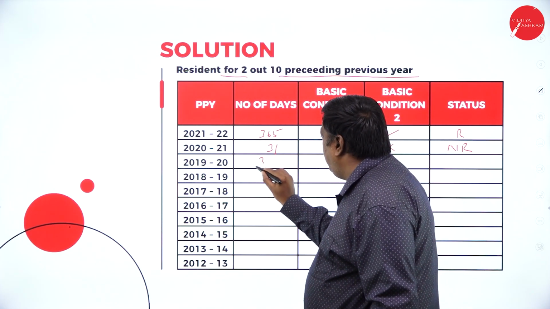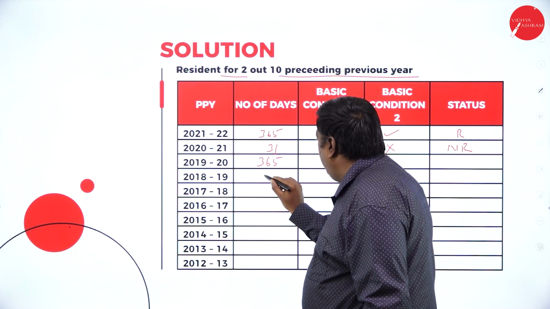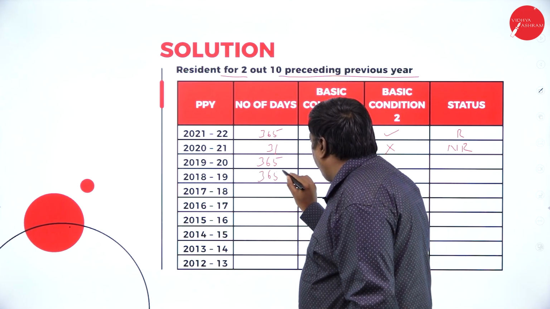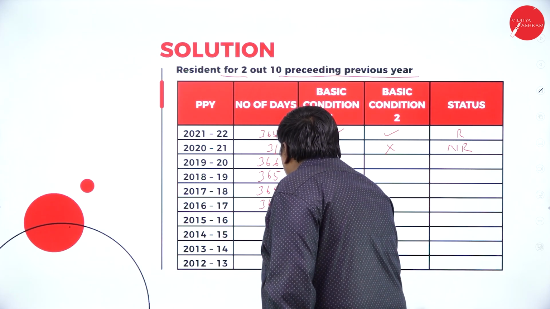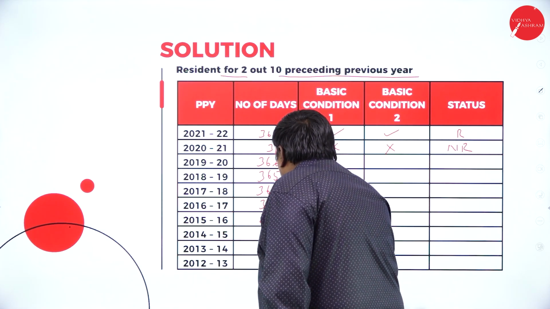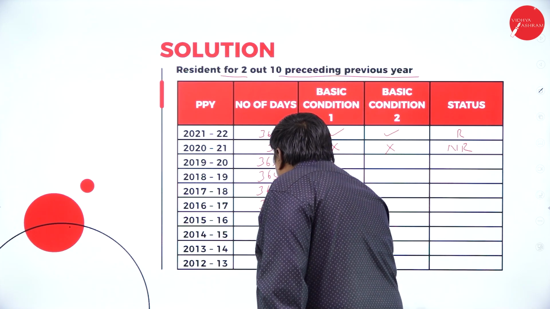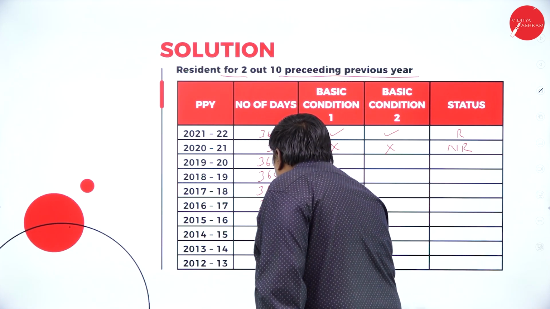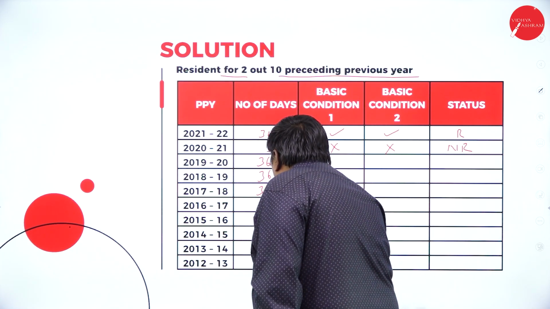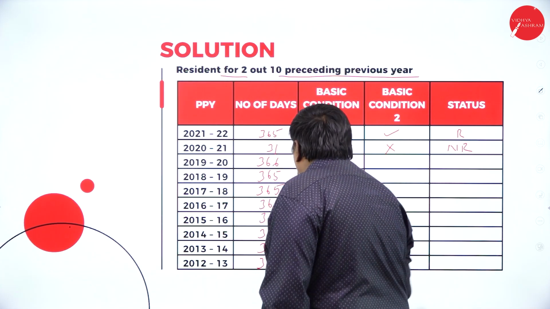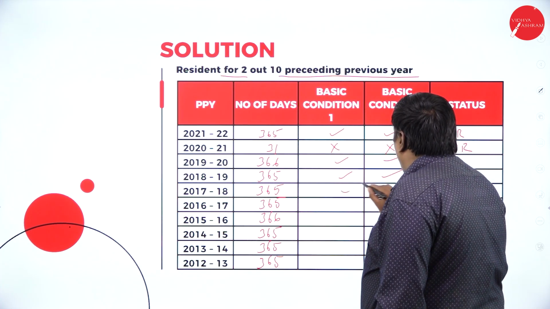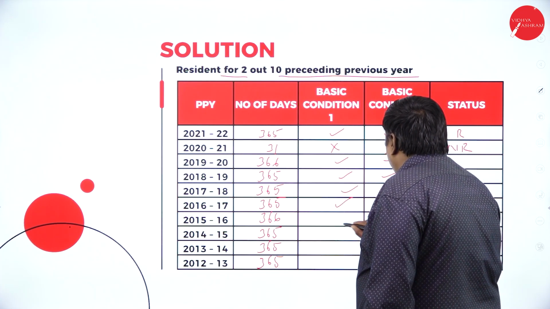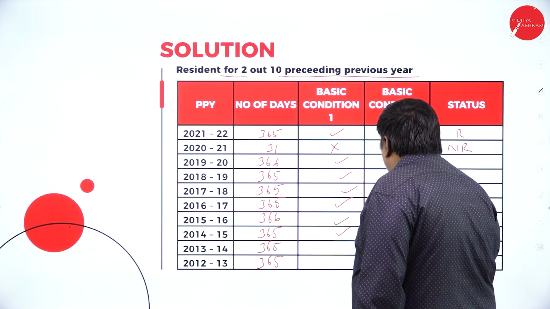2019-20, I was in India for 366 days, and here 365 and 365, 365, 366 for the leap year, 365, 365 and 365. So I've satisfied both the basic conditions in all these preceding previous years.